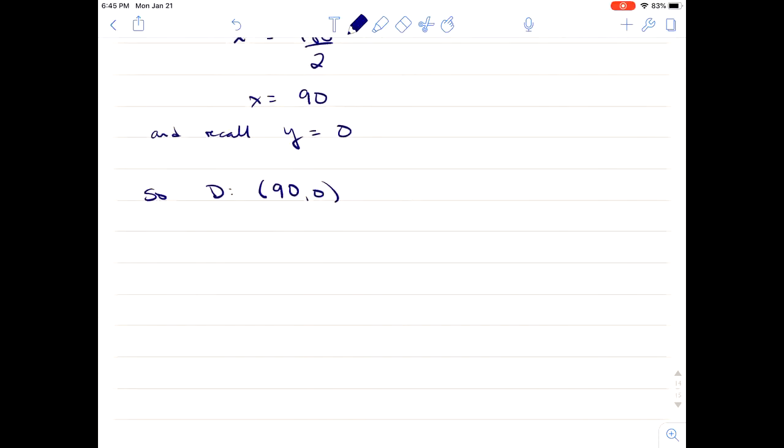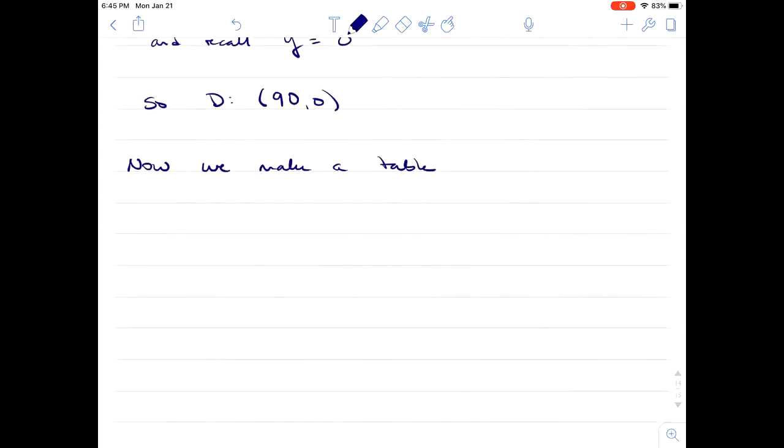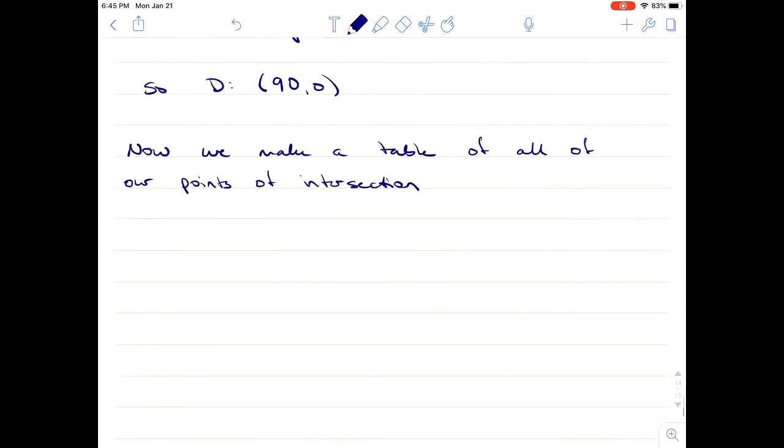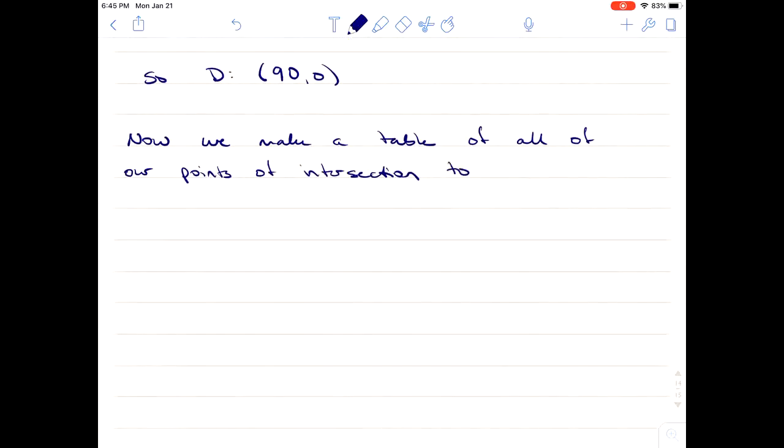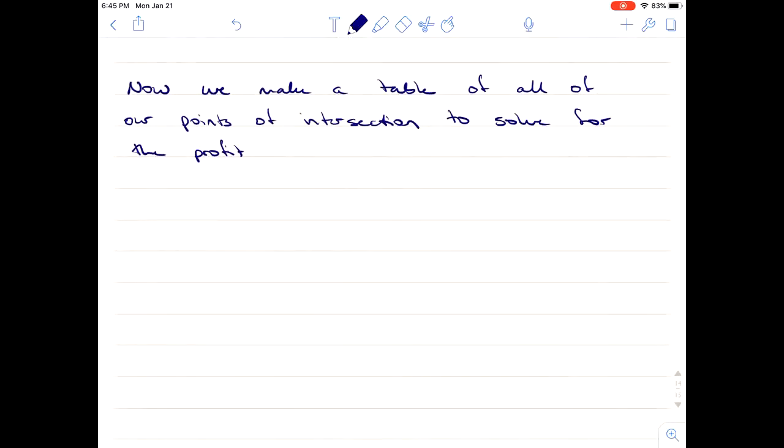So now we make a table of all of our points of intersection to solve for the profit at each point.